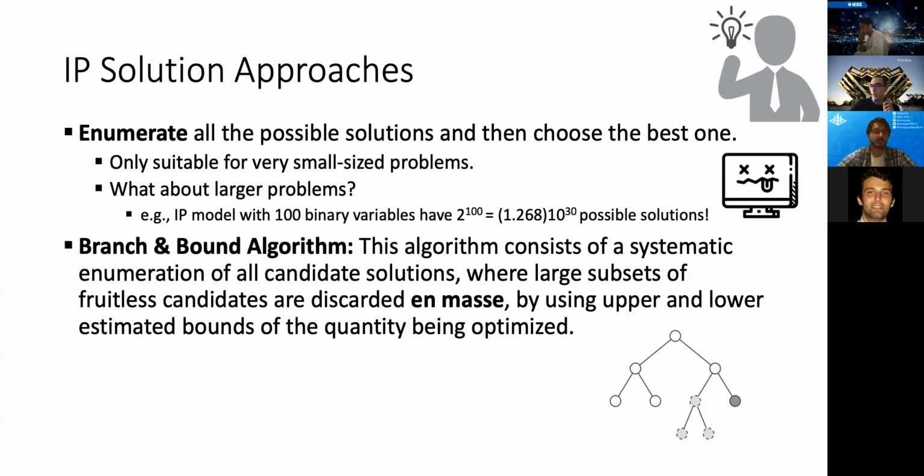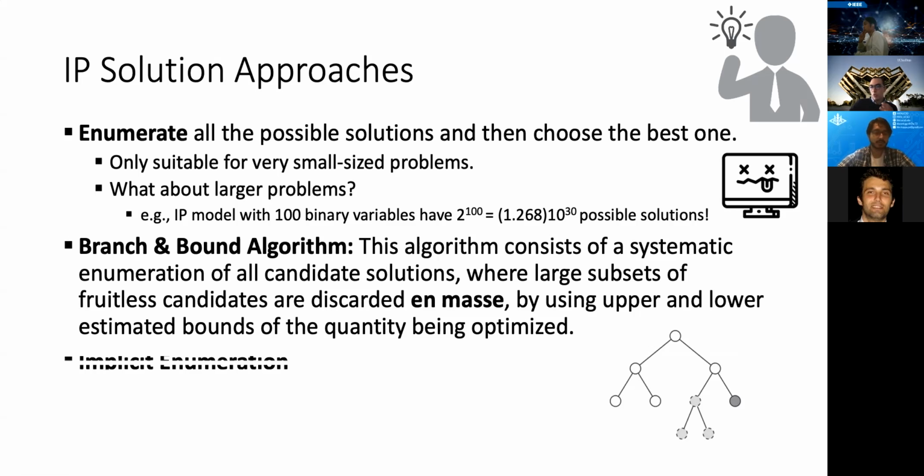So a very well-known solution approach is branch and bound. This is similar to simplex in terms of smartness. It is a systematic enumeration of all candidate solutions, but we discard fruitless candidates, meaning the solutions that can no longer improve our objective function, by using some lower and upper bounds.